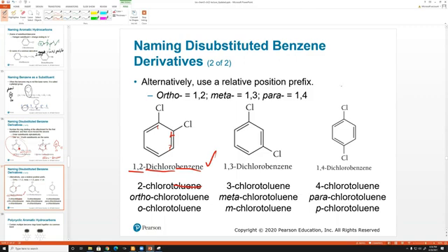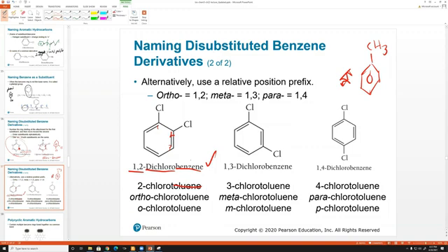So toluene is this. It's a benzene ring with a CH3 group on it. Technically this name works too, because to the reader, it assumes that the CH3 group is substituted for a chloro.